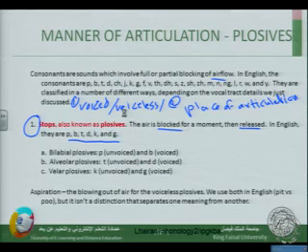They are, first of all, plosive sounds. What do we call them? Stop sounds or plosive sounds.